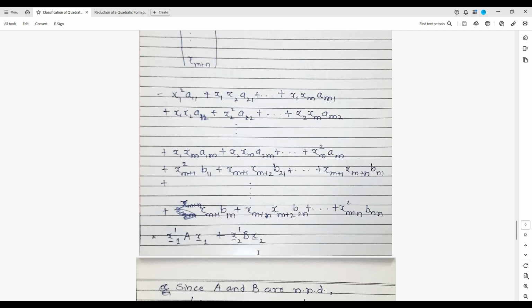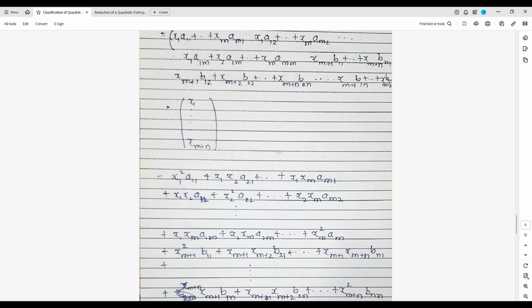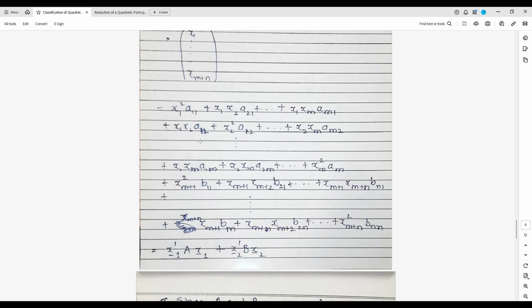The first m elements of this column vector will be called x1, and the remaining elements of the vector x will be called x2. Then the addition of the first m terms we are writing as x1 prime A x1, and the addition of the remaining n terms we are calling x2 prime B x2.